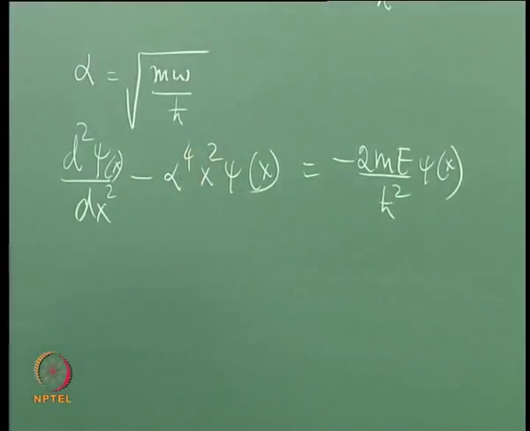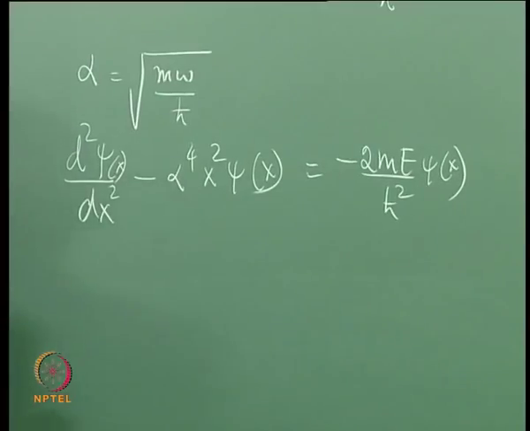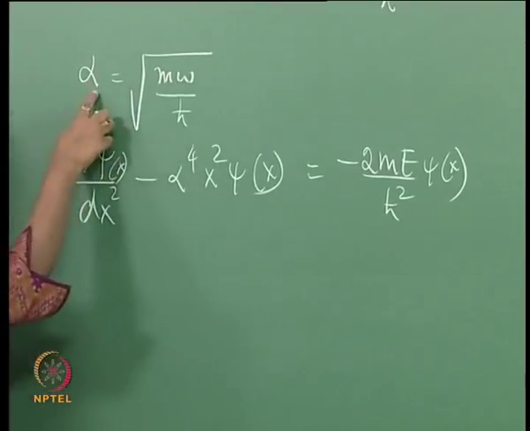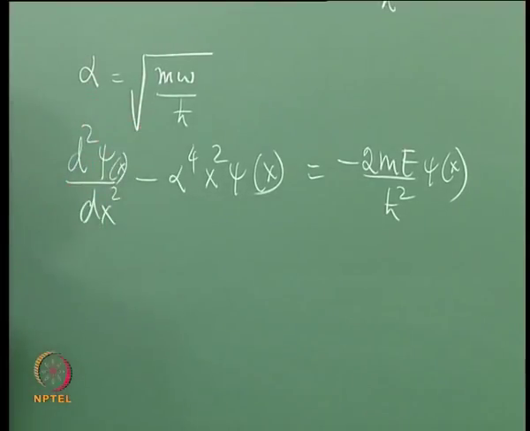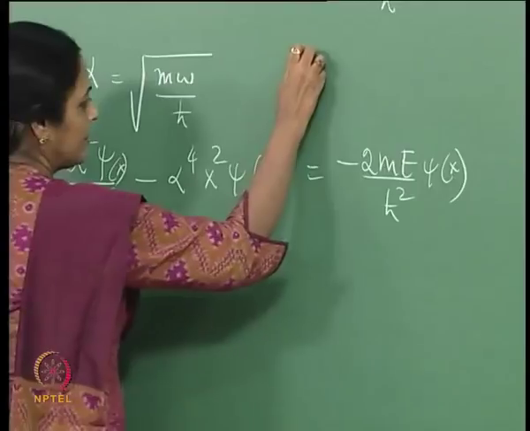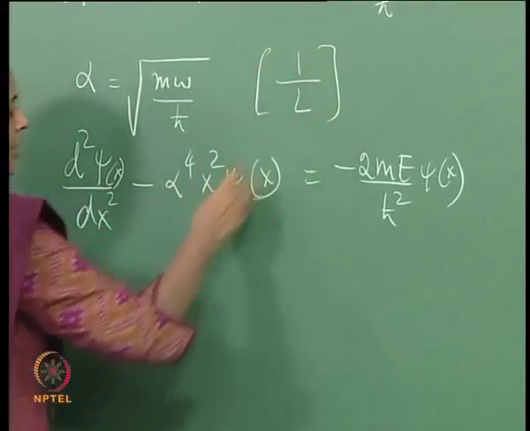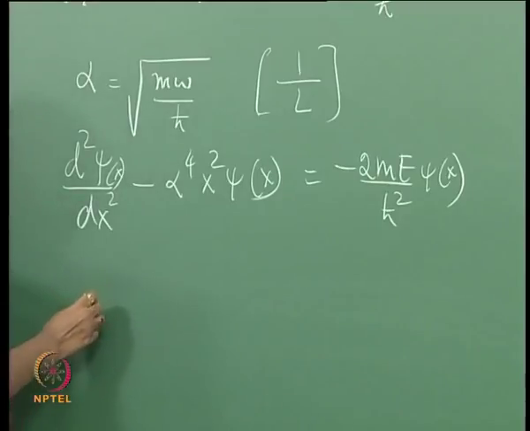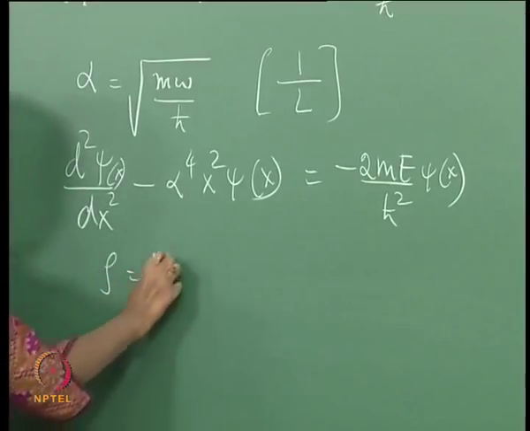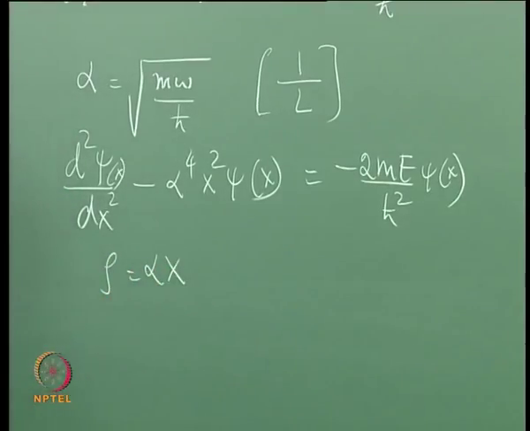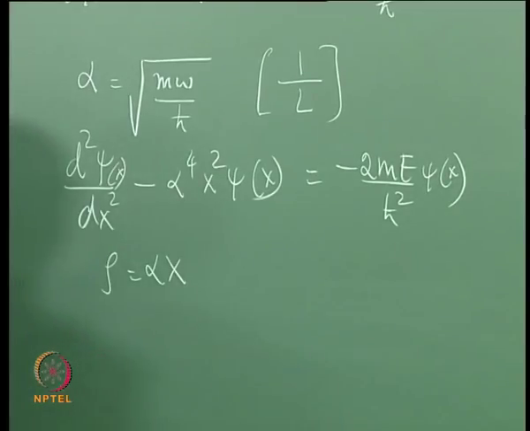Now we would like to work in terms of dimensionless quantities, so I can identify a length scale in this problem. You see, alpha has dimensions of inverse length, and therefore if I define an object rho which is alpha x, rho is a dimensionless quantity, and then we can recast this equation in terms of rho.